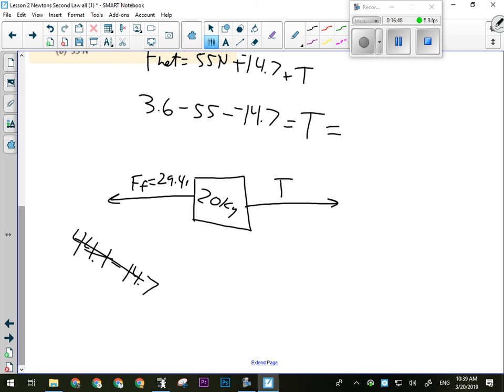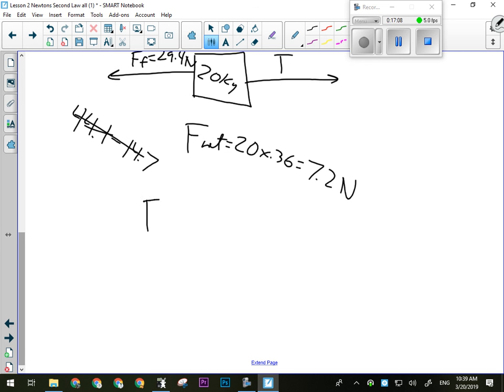And I'm looking for T. What can I find out about this box since I know it's accelerating at 0.36 meters per second squared? Its net force. F net for this one is going to be 20 times 0.36, which will be 7.2 newtons. Now I've got the net force, and I'm going to do the same thing I did before. F net is equal to the force of friction plus the tension.